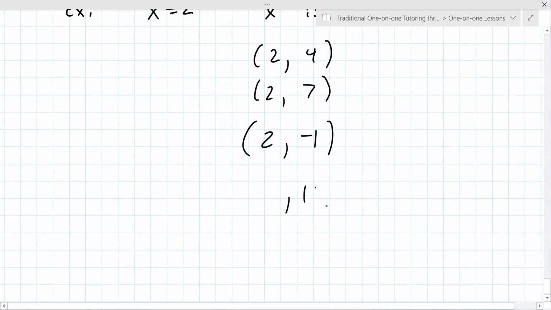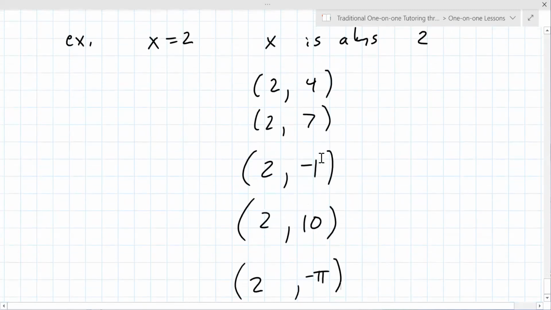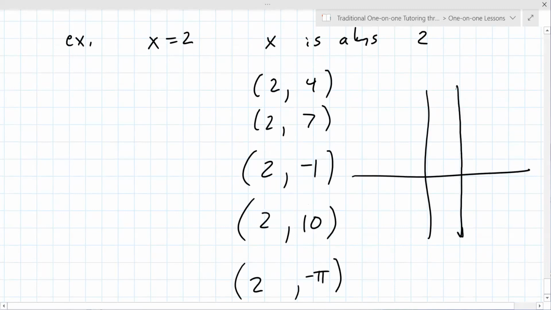What is x? 2. Let's say y is negative pi. What is x? 2. X is always 2. Now, if you were to graph all these points, they would all connect here. All right. Because x is always 2.